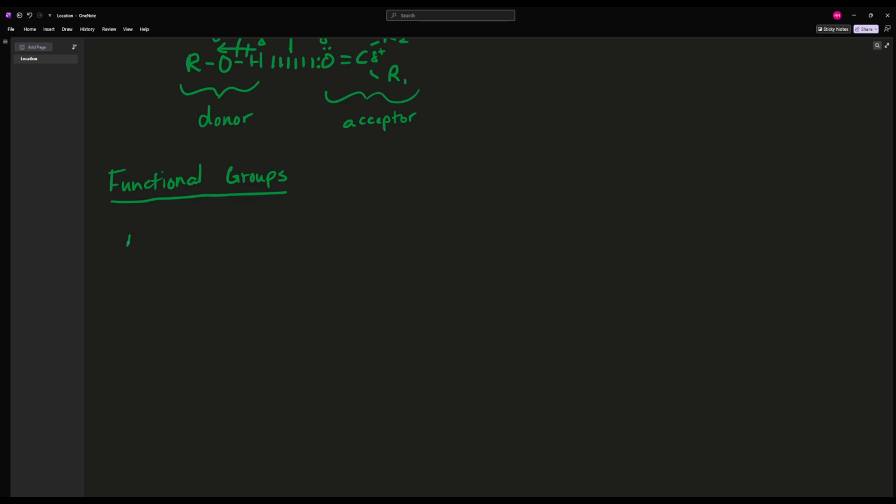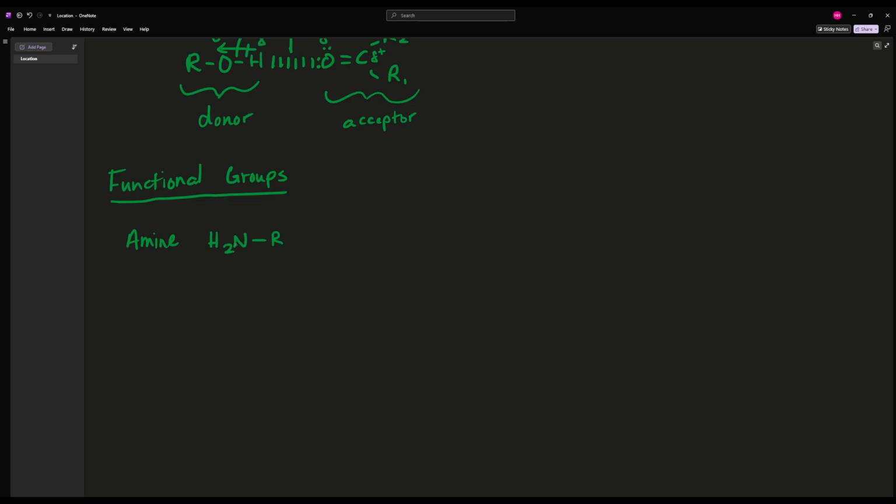Let's start with the amine. Amines generally look like H2N attached to something else. Remember, this R just means it's something we don't particularly care about. However, amines can also look like something else.